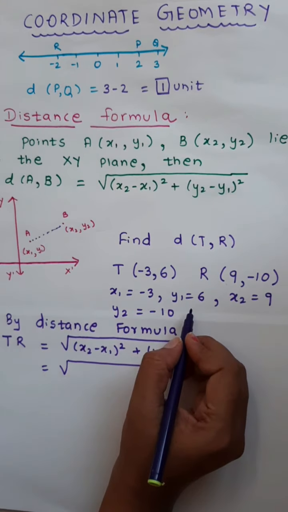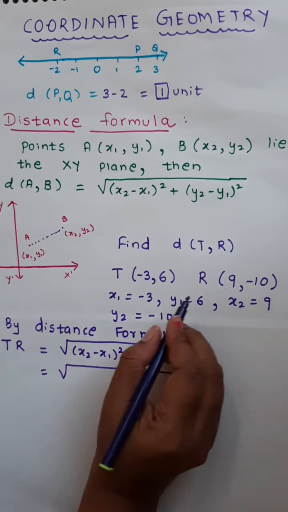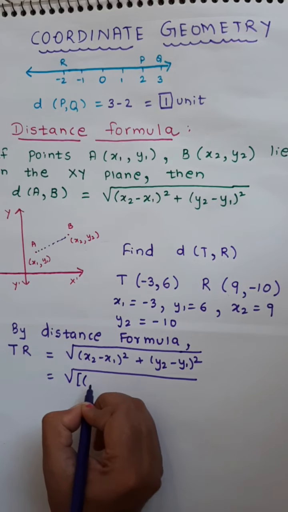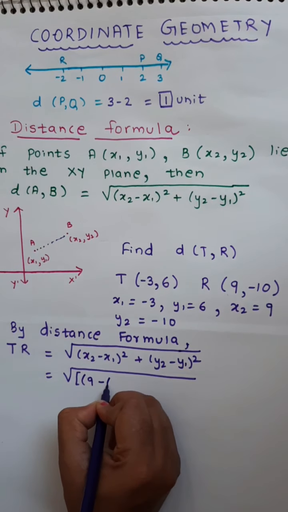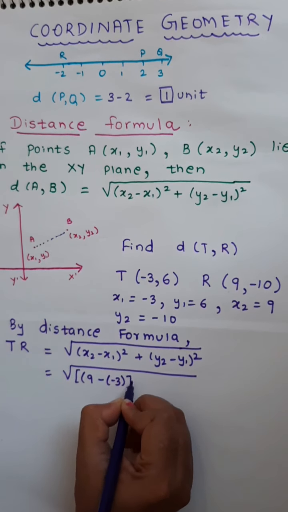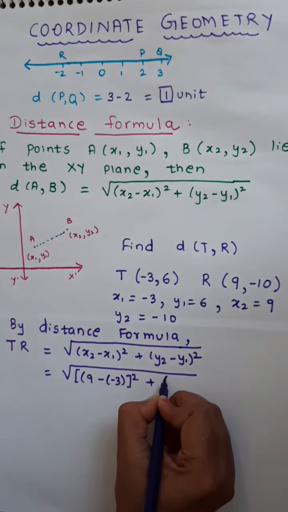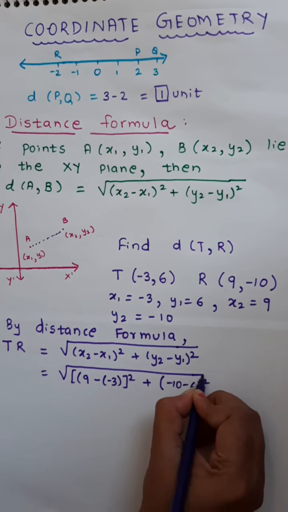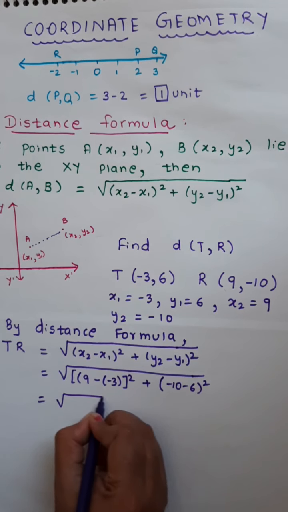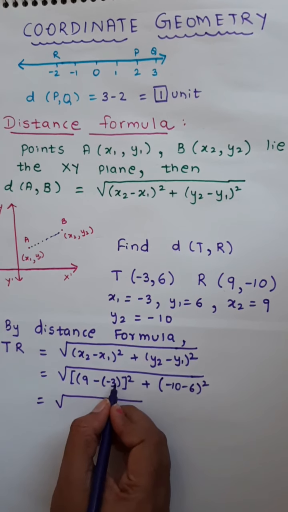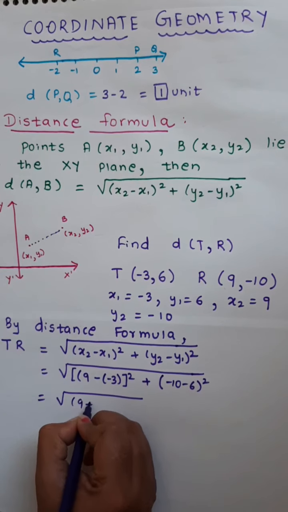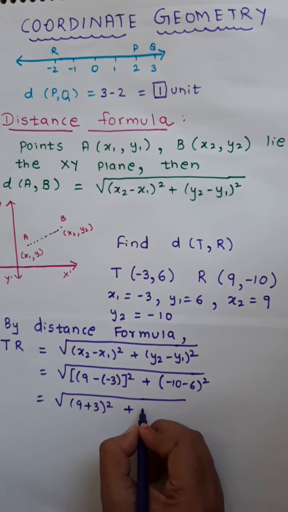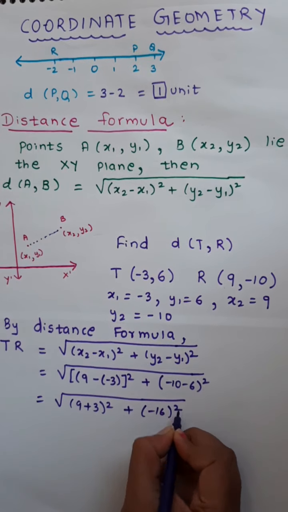Your x2 is 9 and x1 is minus 3. So it's going to be 9 minus of minus 3, square bracket, plus y2 minus y1, so it's going to be minus 10 minus 6 whole square. Next, open the bracket, 9 minus of minus 3, so it's going to be 9 plus 3 whole square, plus minus 10 minus 6, so it's going to be minus 16 whole square.